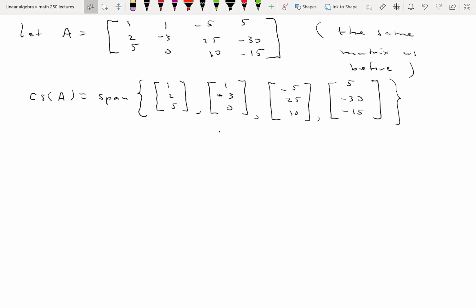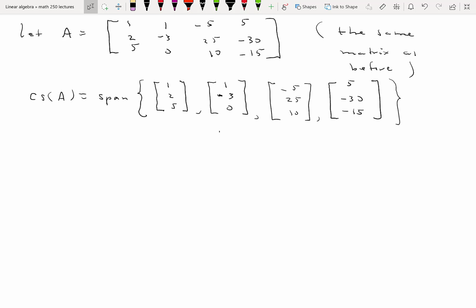Let me give you an overview of how this procedure relates to the procedure we did for the row space of the matrix. If I took the transpose of this matrix, the columns would become rows.